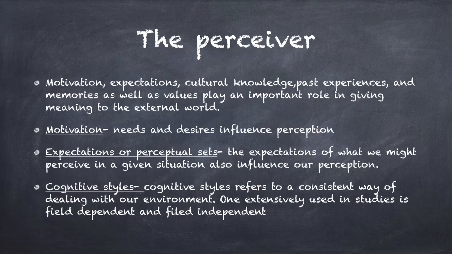So these studies indicate that the perceiver plays an important role in the process of perception. People process and interpret stimuli in their own ways depending on their personal, social and cultural conditions. Personal, as in whether you are field independent or dependent or what kind of motivation you have.